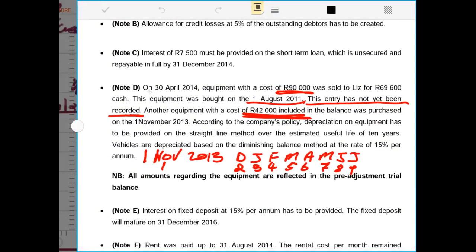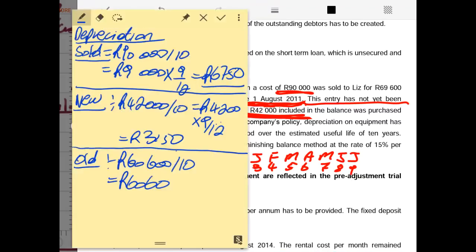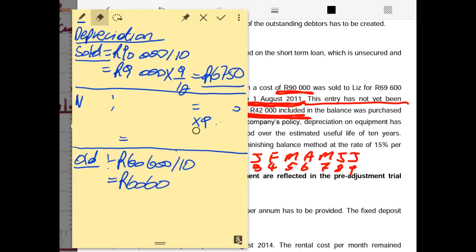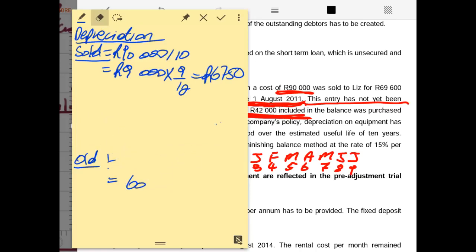This equipment that was sold, we know that it was bought on the 1st of August 2011, and I mentioned that this 1st of August 2011 is the beginning of the 2012 accounting period. Therefore, we have to calculate the depreciation of this asset from the year 2012, year 2013, and 9 months for the year 2014.